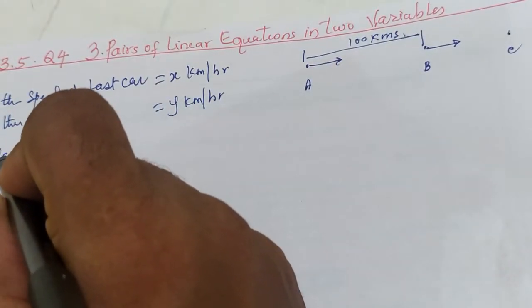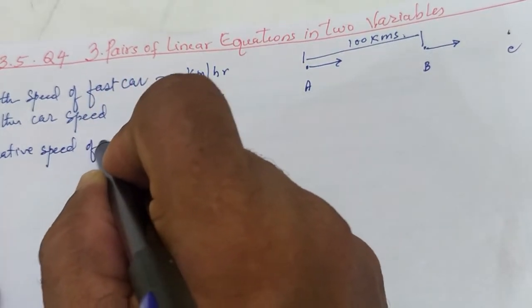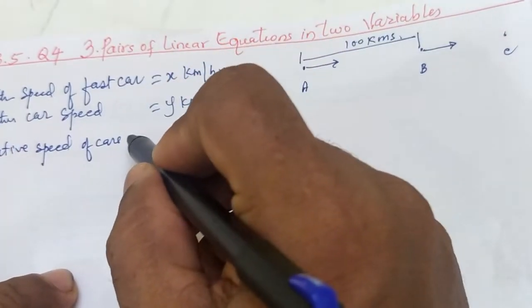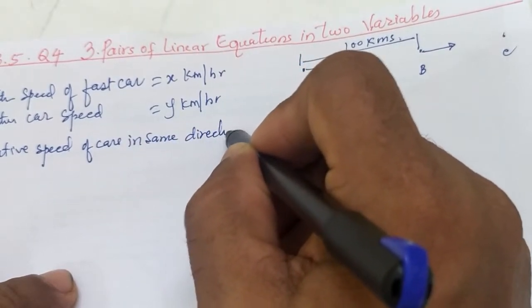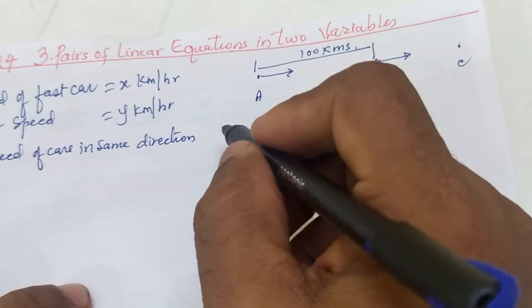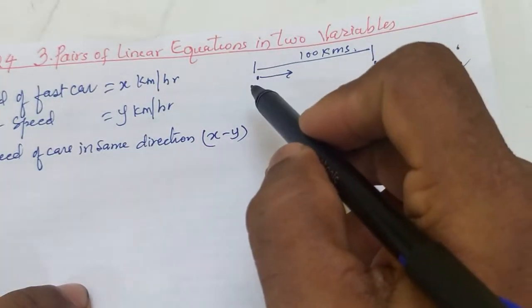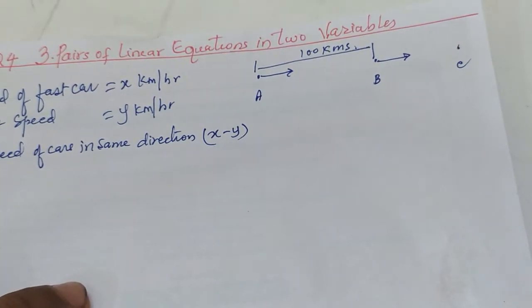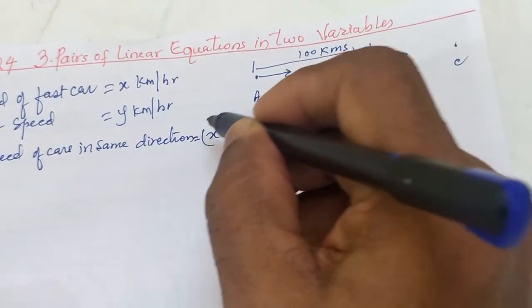So the relative speed of cars when they are traveling in the same direction will be x minus y. One car is faster, the other car is a little bit slower, so the relative speed will be x minus y.